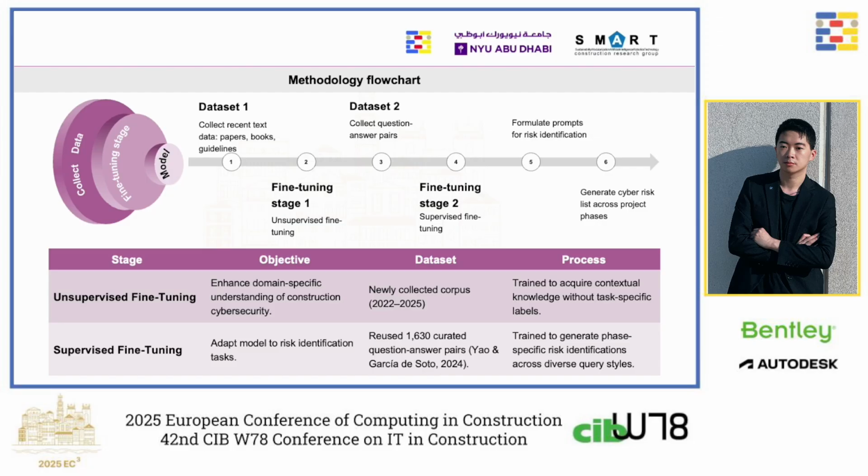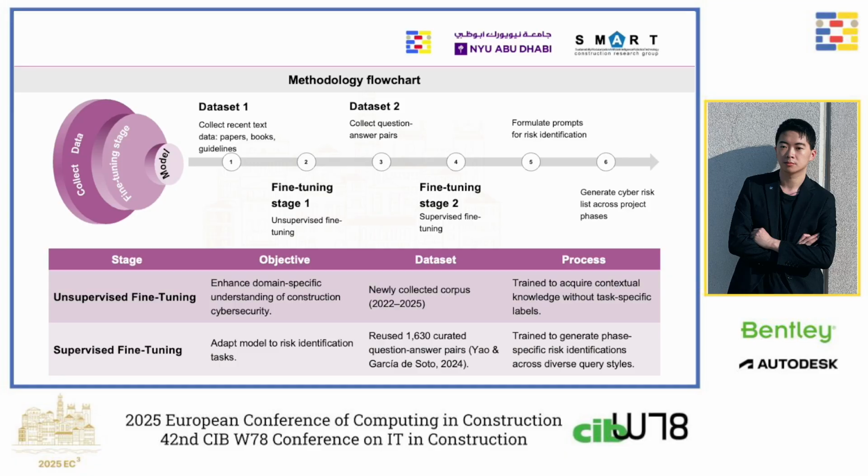Let me walk you through our methodology's key innovation, a 2-stage fine-tuning process. In stage 1, which is unsupervised fine-tuning, we feed the model a massive, newly collected corpus of construction cybersecurity text, which is over 5.3 million characters. By working with long text chunks instead of isolated sentences, the model learns the broader context that is essential for spotting complex risks.